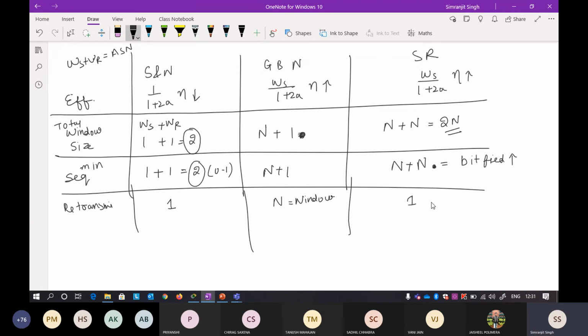So in terms of retransmissions, SR protocol is way more efficient than GBN. The retransmission is equal to stop and wait, but the efficiency of SR is more as compared to stop and wait.